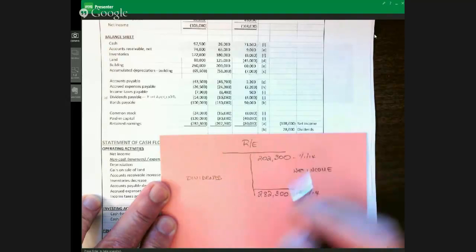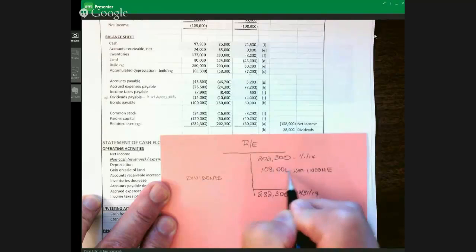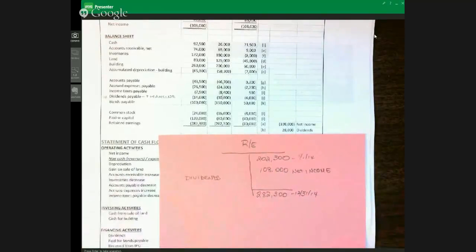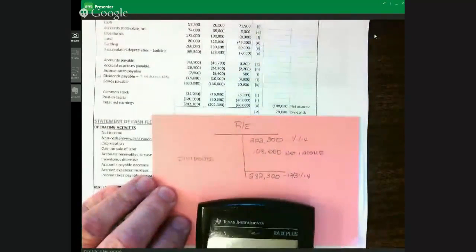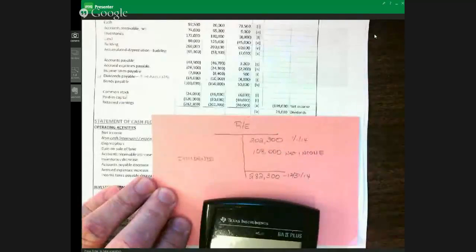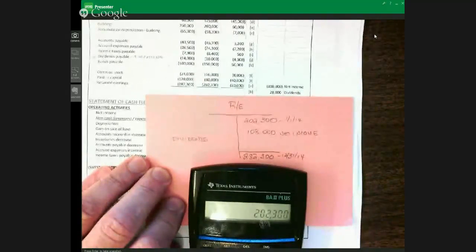We already know that the company has earned $108,000 of net income. Okay, now let's see. If we examine what we've done so far, we have $202,300 as the beginning balance in retained earnings.